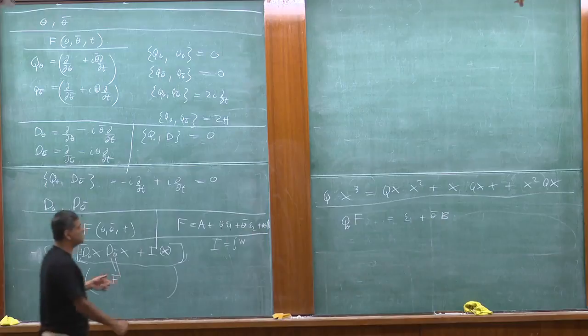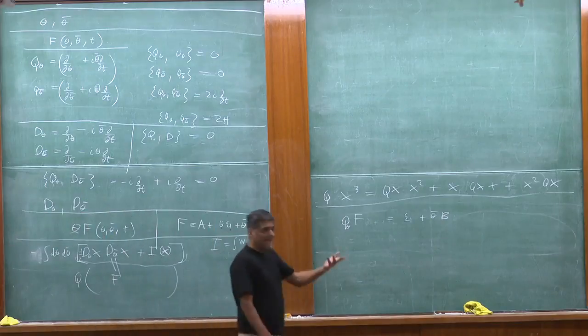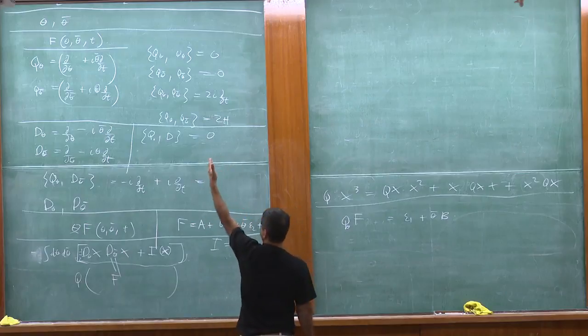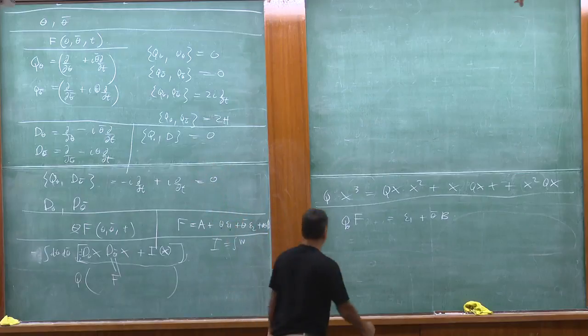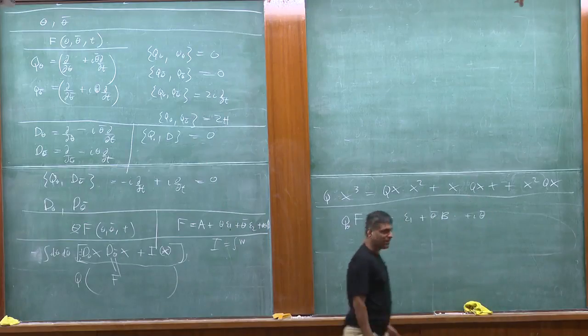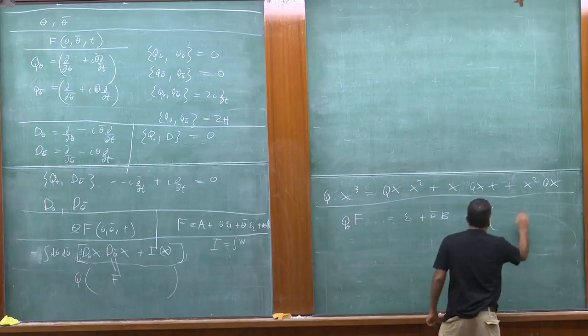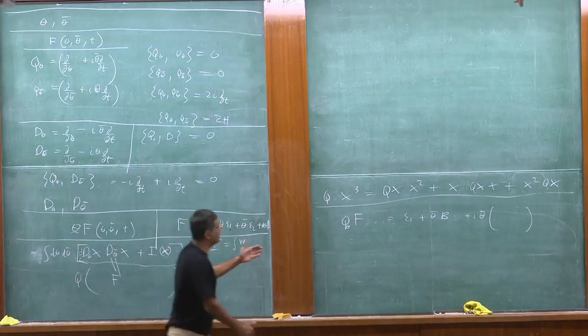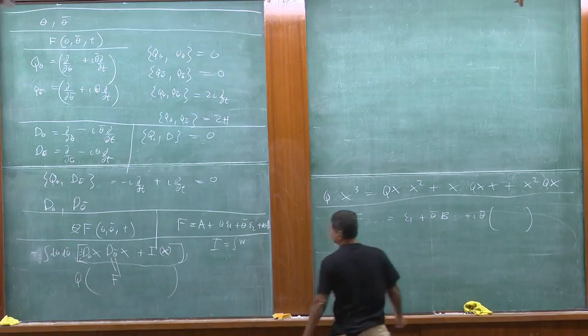And it has terms which are theta, and it has terms which is I times theta bar, so plus I times theta bar, and then the time derivative of whatever by itself did not have a theta bar.